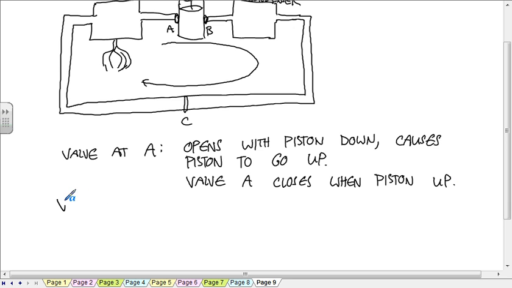Now go to the valve at B. That opens with the piston in its highest position. It allows that high temperature gas to flow into the condenser.